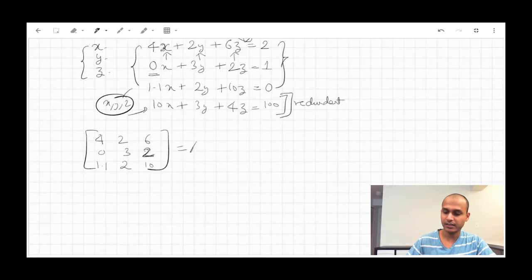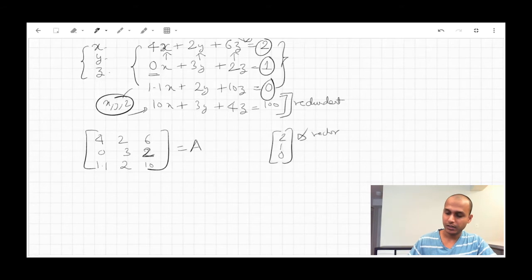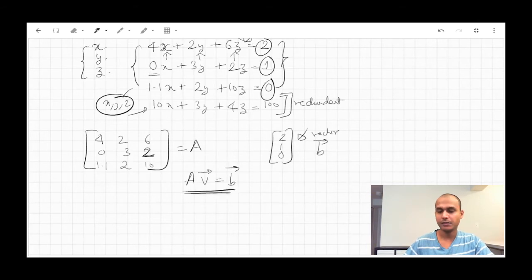So that's our matrix A. And if you look at the right-hand side, 2, 1, and 0, this looks like a vector. So the system of equations in compact form can be written as A times the vector v is equal to, let's call this vector, b.